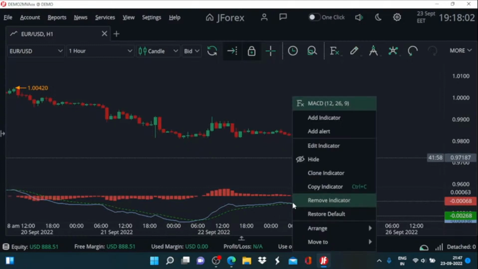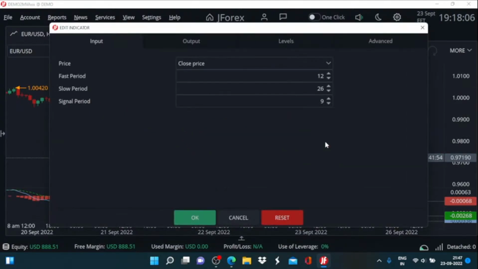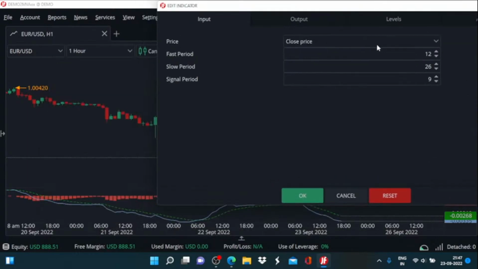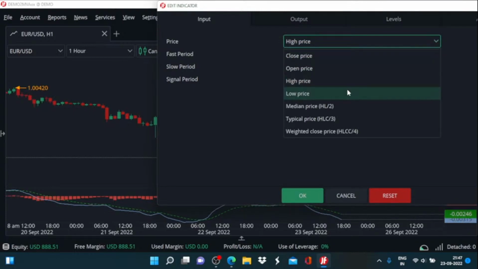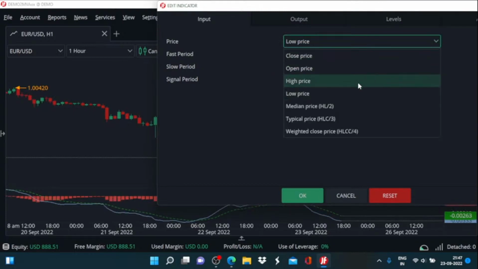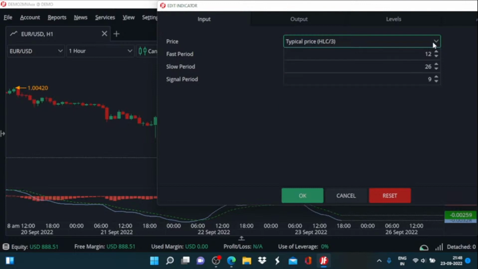Now we see what the editing options provided to us on this JForex platform are, so we can customize this indicator to take advantage of its signaling mechanism. We can go for different types of applied prices: the close price, the open price, the high price, the low price, median price, typical price, weighted close price.